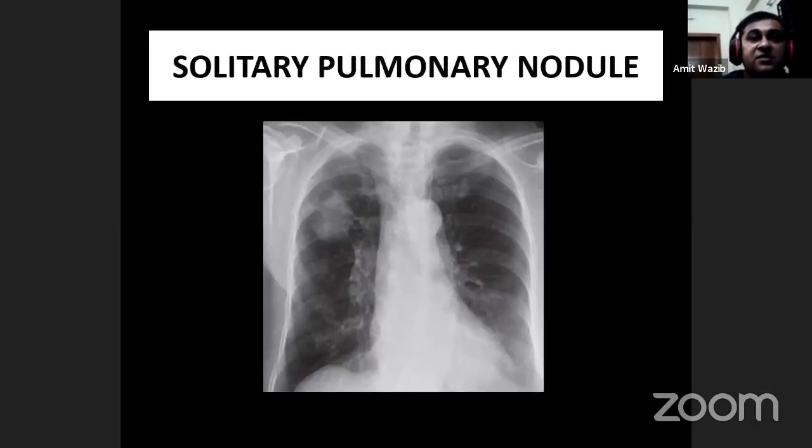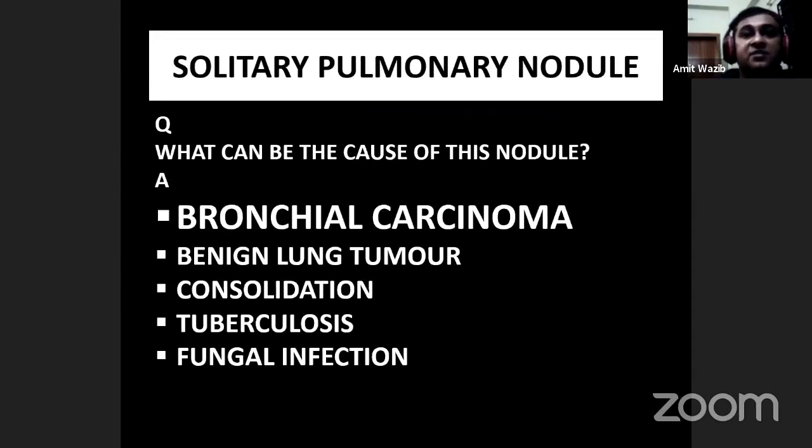Among them, important conditions are benign lung tumors like adenoma, consolidation, tuberculosis, and even fungal infection of the lungs can also produce such conditions. So how will you diagnose? Which most important investigation will help you in diagnosis?